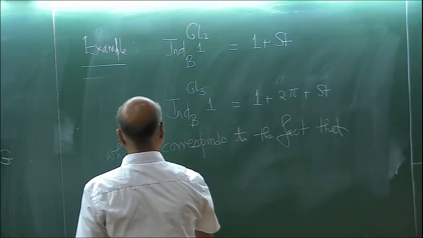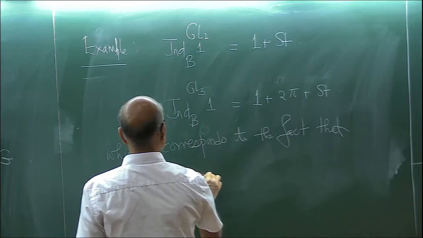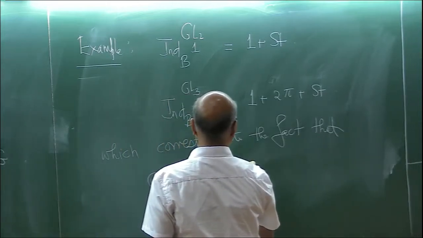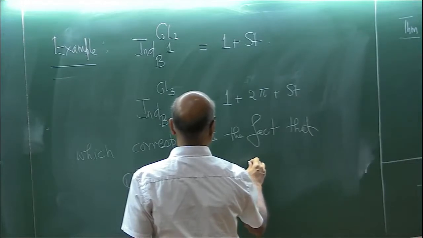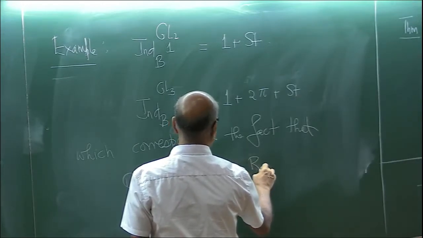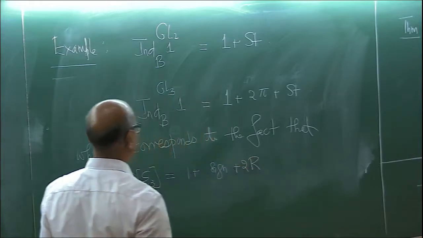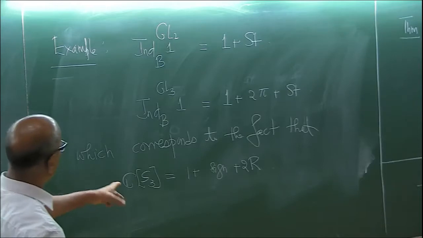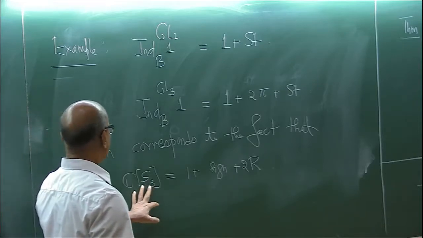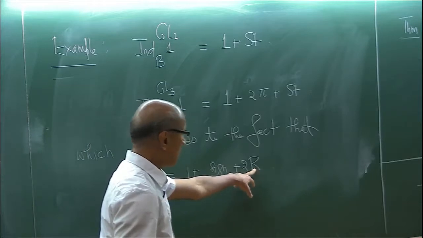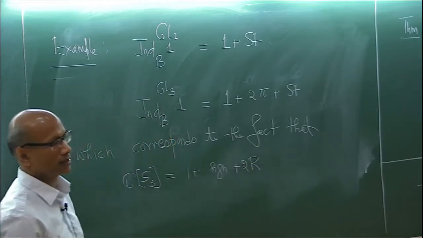C of S3, as you all very well know, is 1 plus sign plus 2 times the 2-dimensional one. So the group ring of the symmetric group has dimension 6, and this is 1 plus 1, 4, and this is 2 times 2-dimensional, 4, 6.